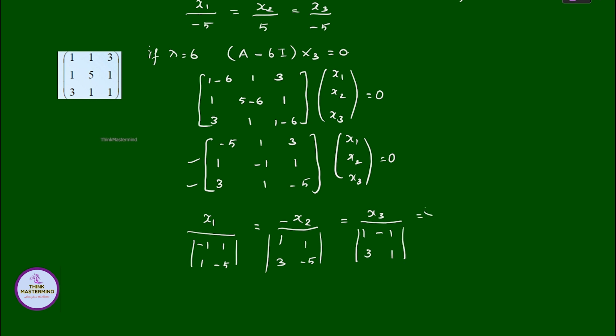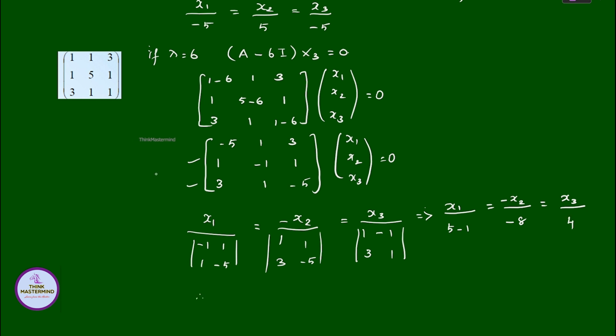Therefore, x1 is 5 minus 1, minus x2 is minus 5 minus 3, that is minus 8. x3 is 1 minus of minus 3, that is 4.